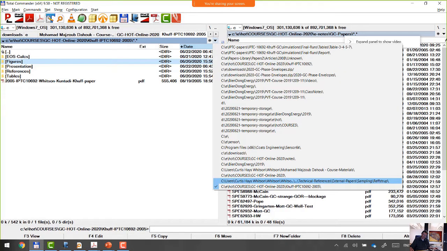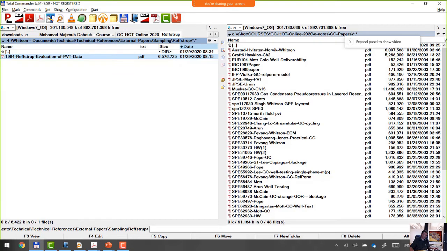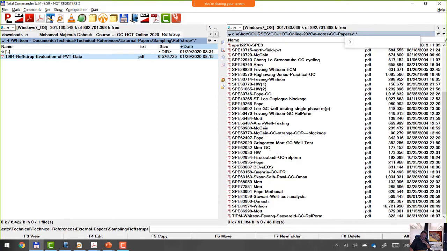Rest strip evaluation. I'll copy this over so you have it.